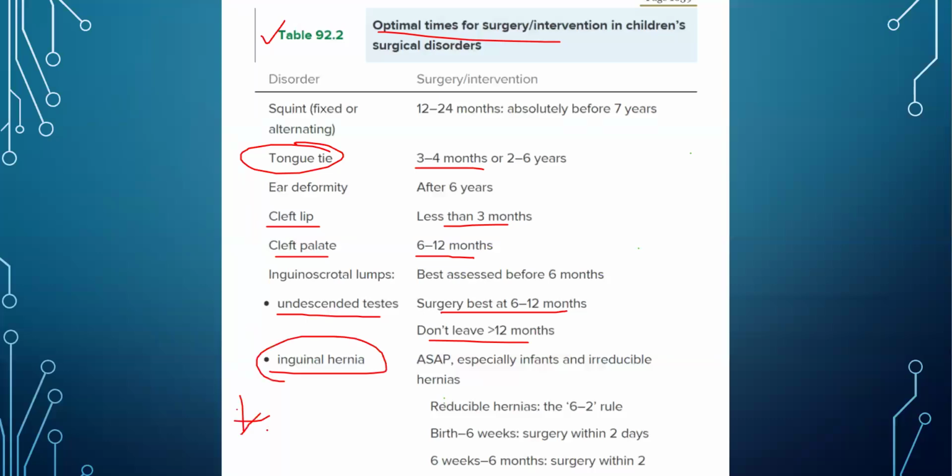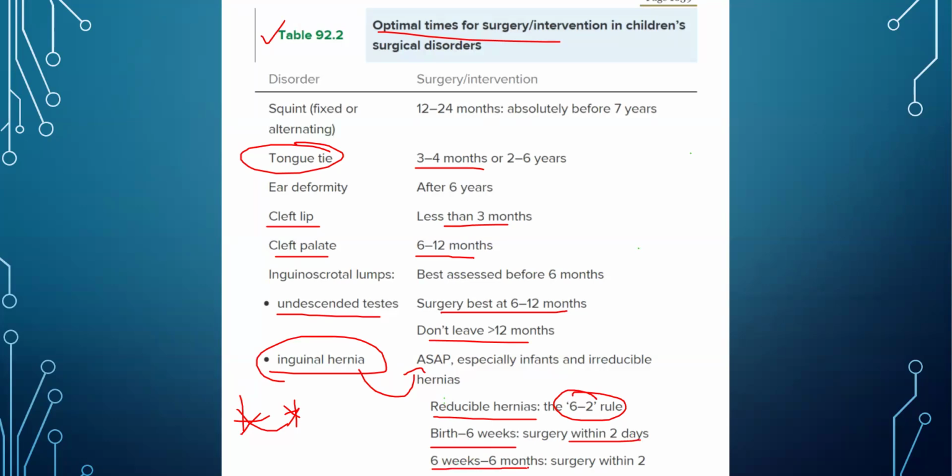Then there is inguinal hernia, which is important for the exam. Anytime you get an inguinal hernia in an infant, the idea is to surgically repair it ASAP. But for some reducible hernias, we follow the 6/2 rule. What's that? The 6/2 rule means if you have a child between birth and 6 weeks with an inguinal hernia, the surgery should happen within 2 days.